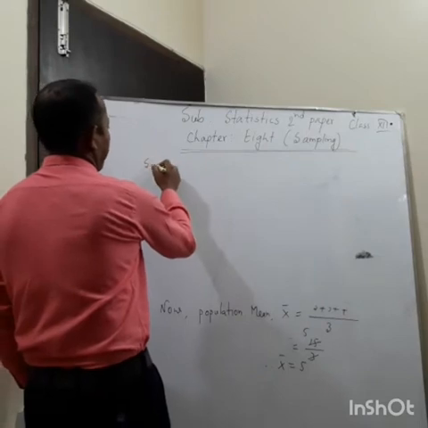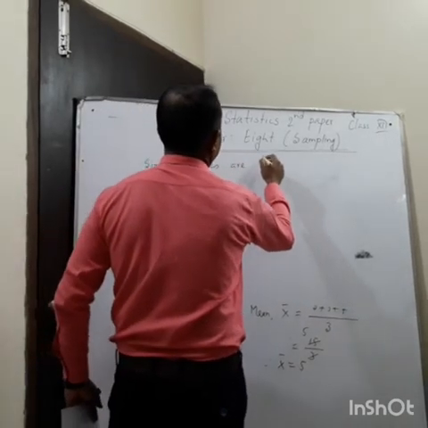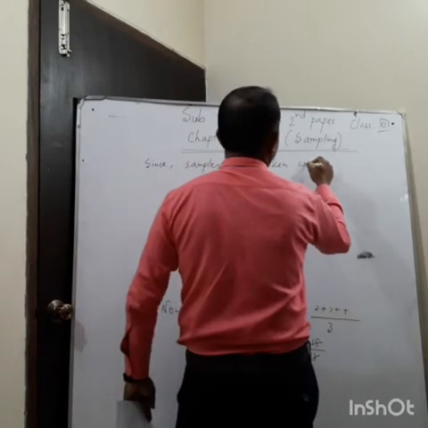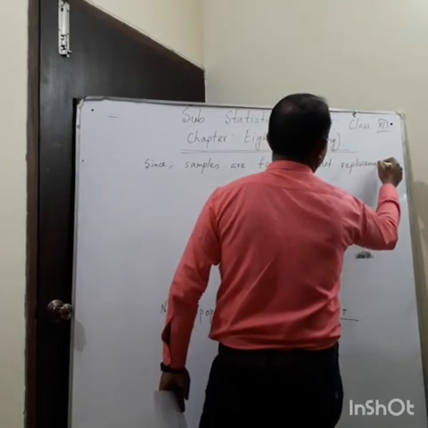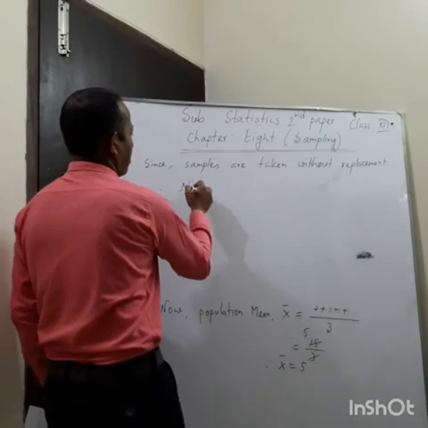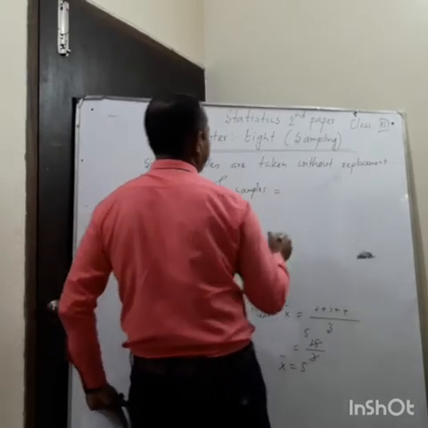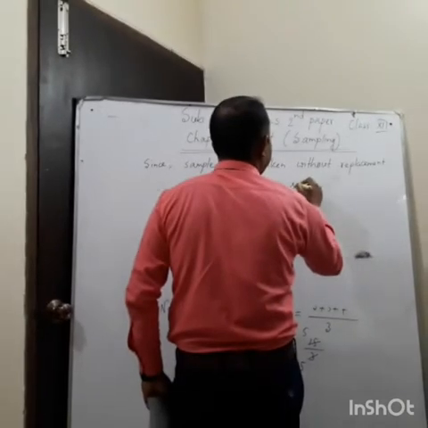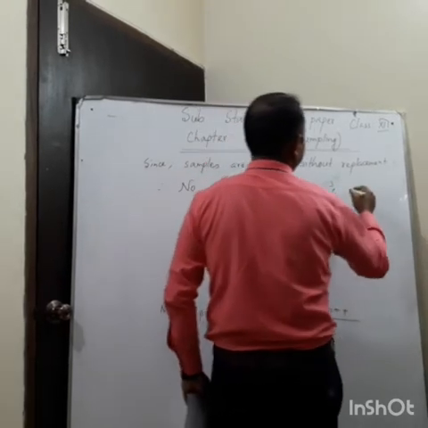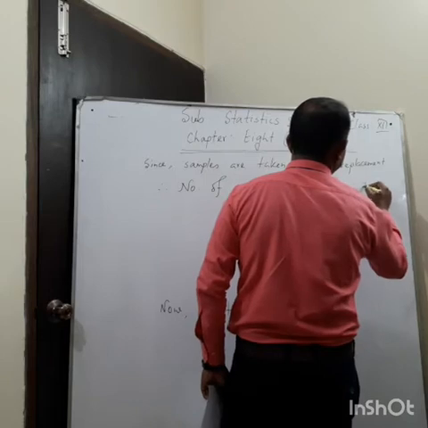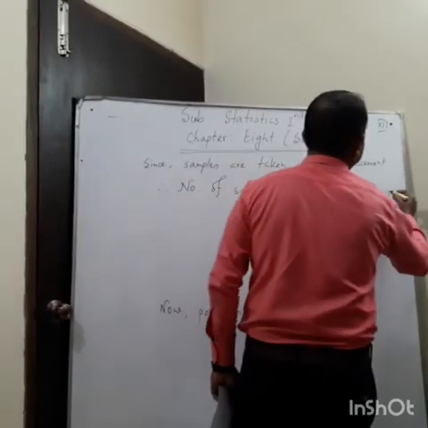Since samples are taken without replacement, the number of samples equal to NCn, that is 3C2, that is 3. 3 factorial divided by 2 factorial into 3 minus 2 factorial, and this is 3.